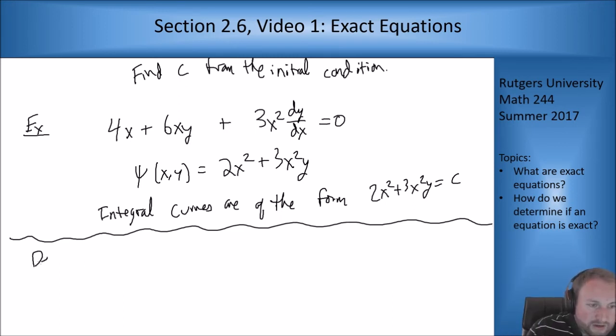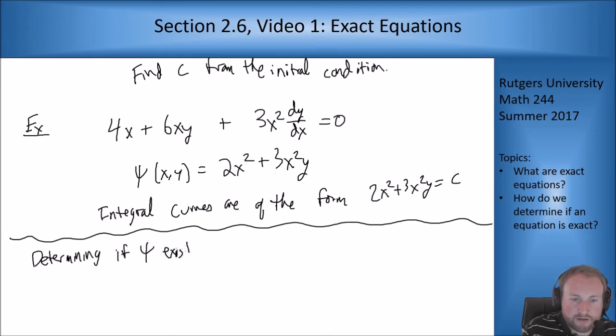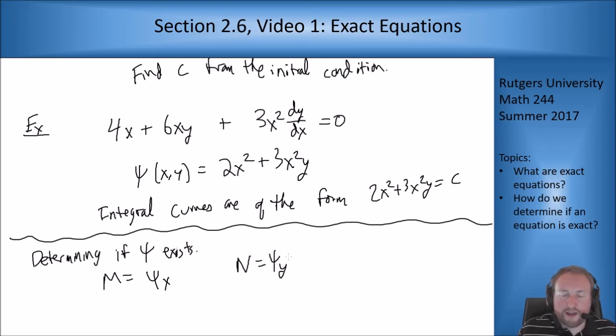Determining if psi exists. Well, I know if I have M equals psi x and N equals psi y, Calc 3 tells me I can switch the order of differentiation.